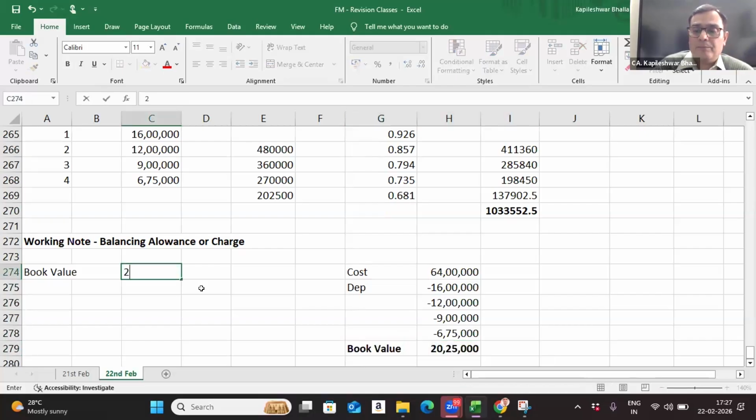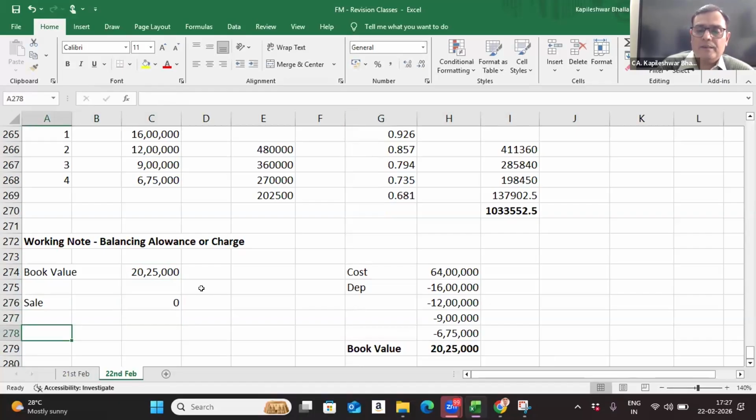Is there any sale proceeds of the asset? This is nil. There is no sale proceed. So that means we will get a balancing allowance or a balancing charge. So there will be a balancing allowance. So we'll take the balancing allowance.